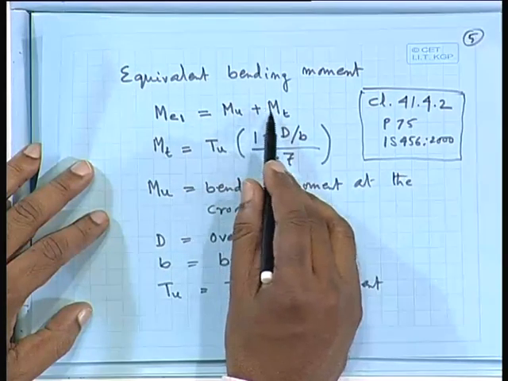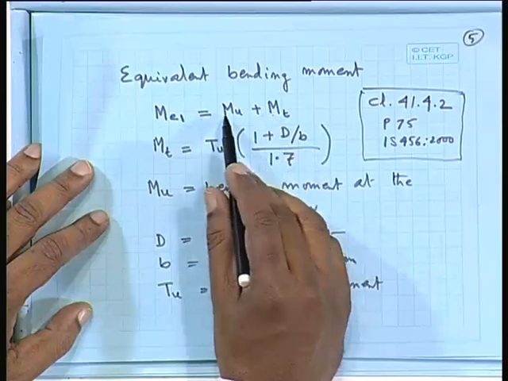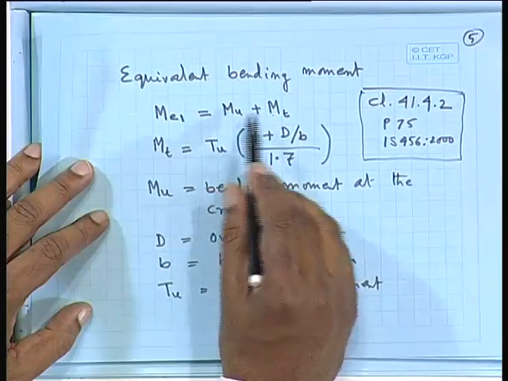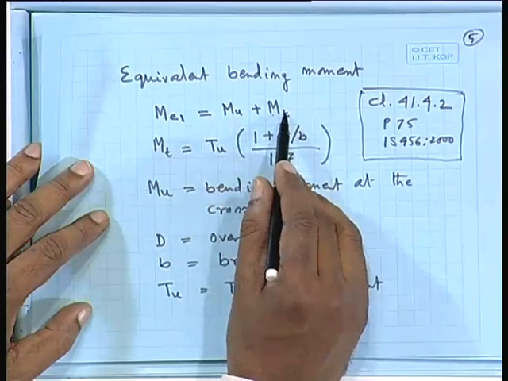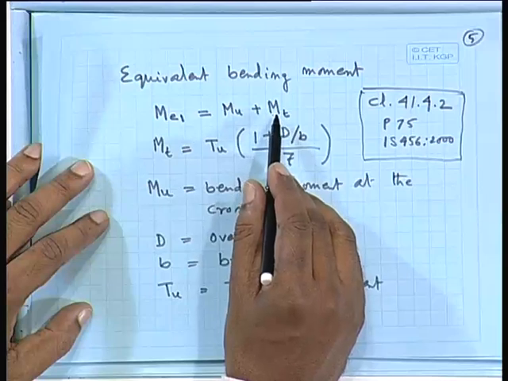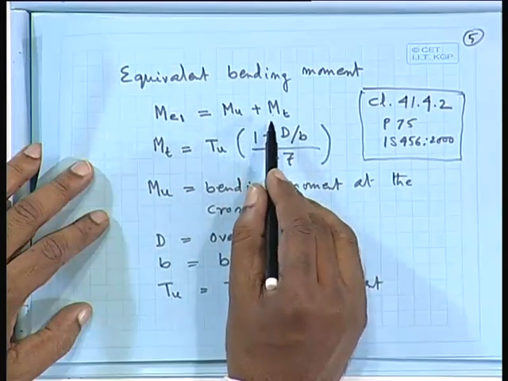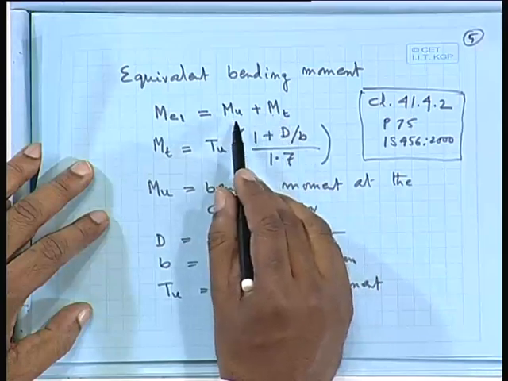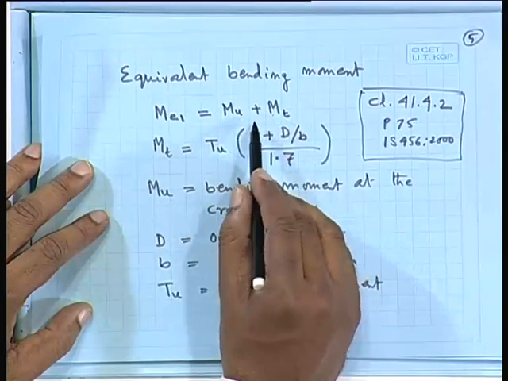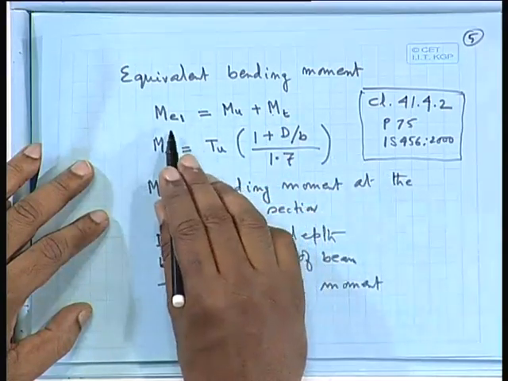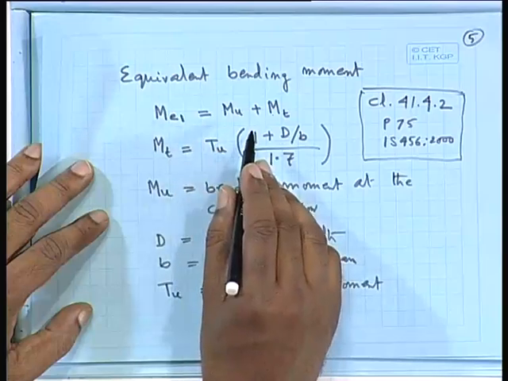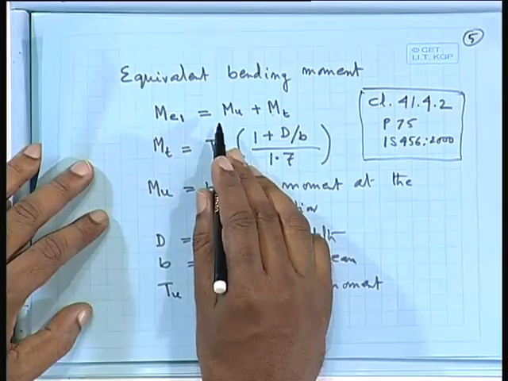Now in another case it is possible that Mt is greater than Mu. When Mt is greater than Mu, then we have to provide reinforcement at the top, and the moment for that will be Mt minus Mu. That Mt minus Mu we have to take, that means it is possible to have Me2 also, which is equal to Mt minus Mu.